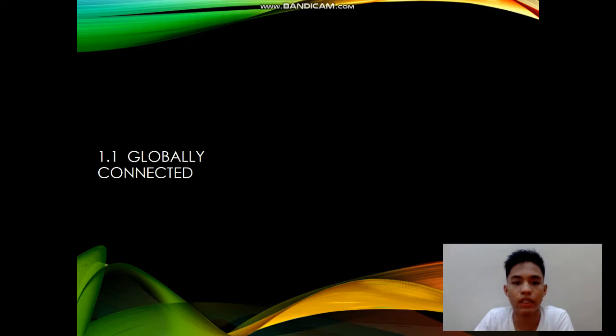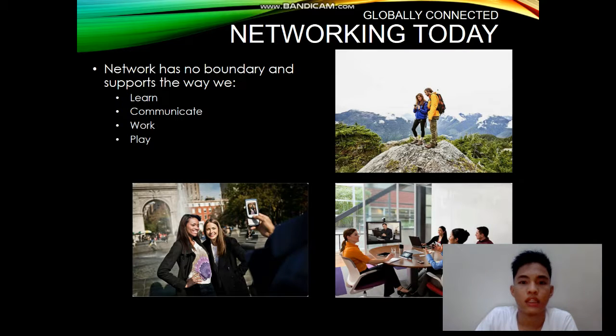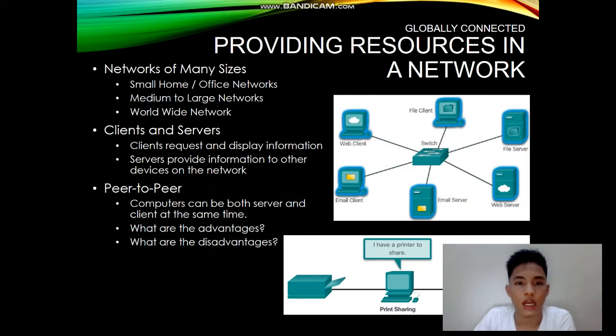Section 1.1, Globally Connected. It covers networking today. As we can see, the network has no boundaries and supports the way we learn, communicate, work, and play. Providing resources in a network: networks of many sizes, like small home or office networks, medium to large networks, and worldwide networks.